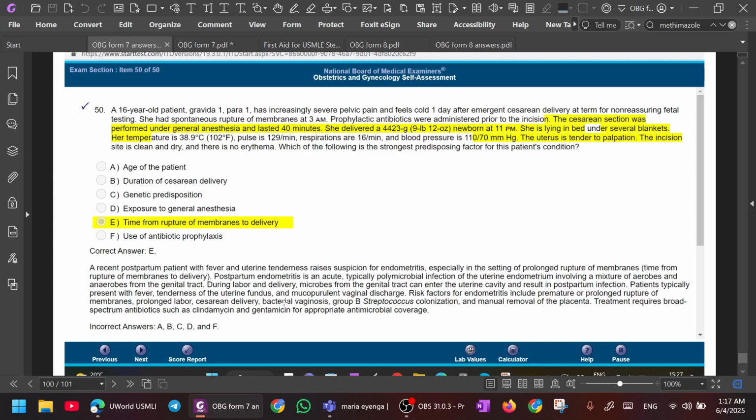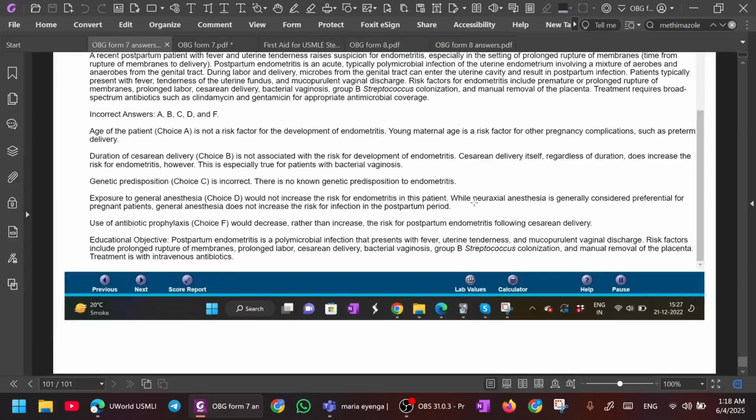Microbes from the genital tract can enter the uterine cavity and result in postpartum infection. Patients typically present with high fever, tenderness of the uterine fundus, and mucopurulent vaginal discharge. Risk factors for endometritis include premature or prolonged rupture of the membranes, prolonged labor, cesarean delivery, bacterial vaginosis, obstetrical colonization, and manual removal of the placenta. Treatment requires broad-spectrum antibiotics, clindamycin and gentamicin, for appropriate antimicrobial coverage. Okay, done now.